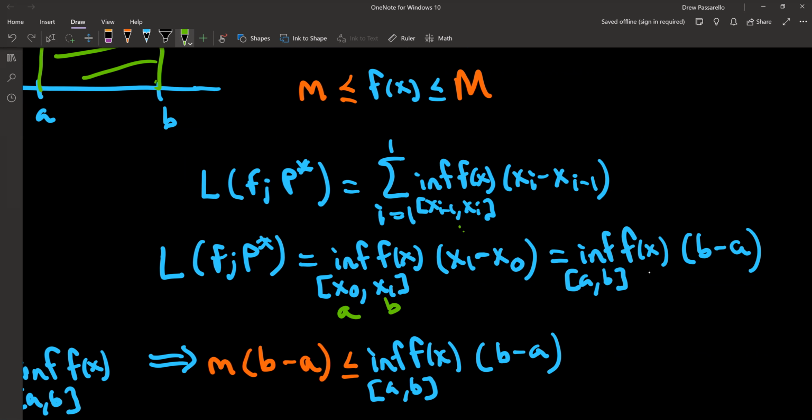All right, so that's why it's equal to the infimum of the function on the entire closed interval [a, b] times (b minus a). That is the lower sum of our 2-point partition.